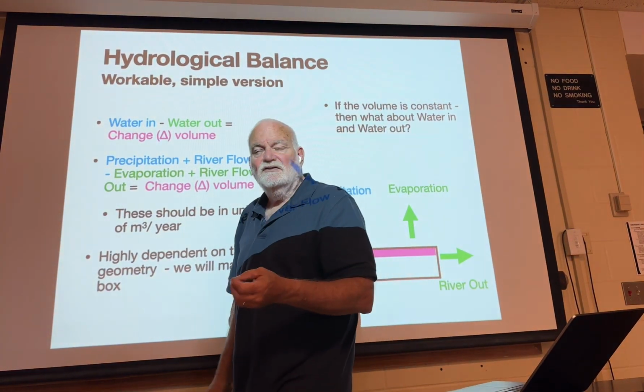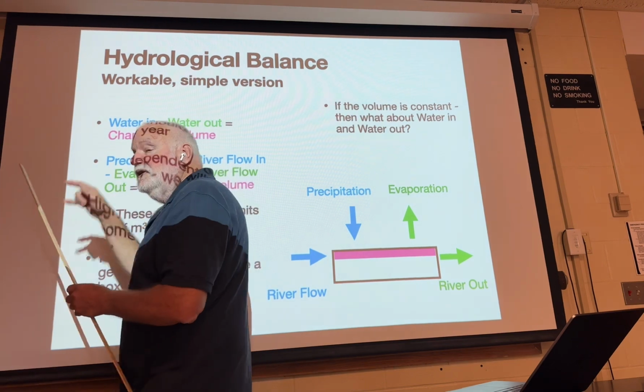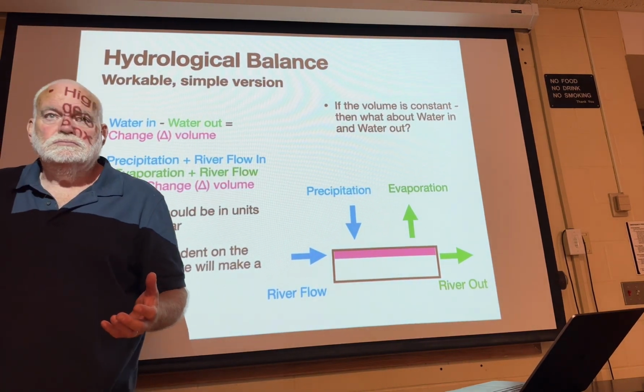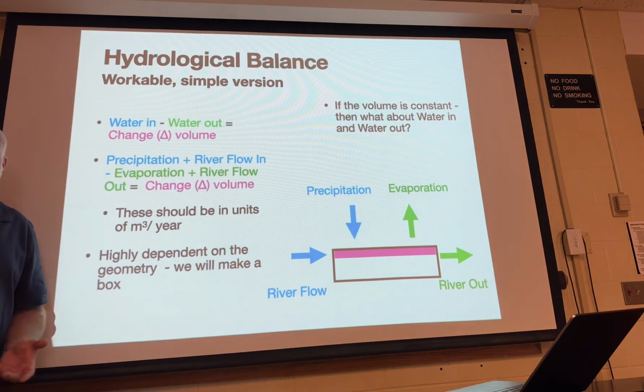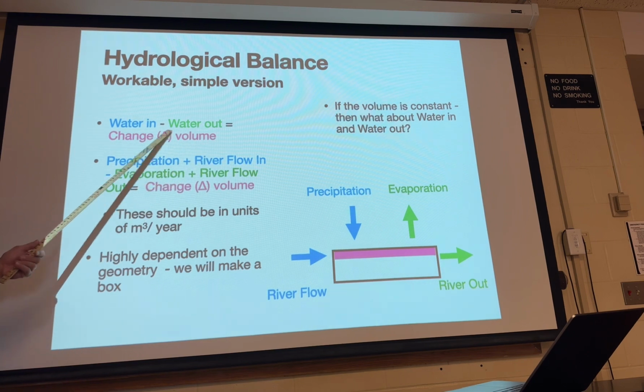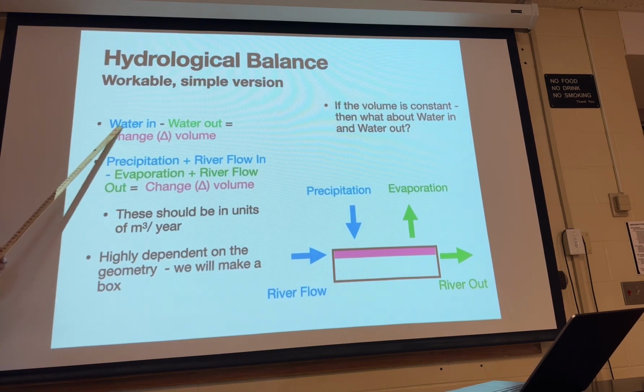If it's in balance, these two numbers add up to the same, and the volume doesn't change. Most lakes today can't change volume too much because they can adjust any precipitation changes by just throwing it out the stream. So that's our simple model.